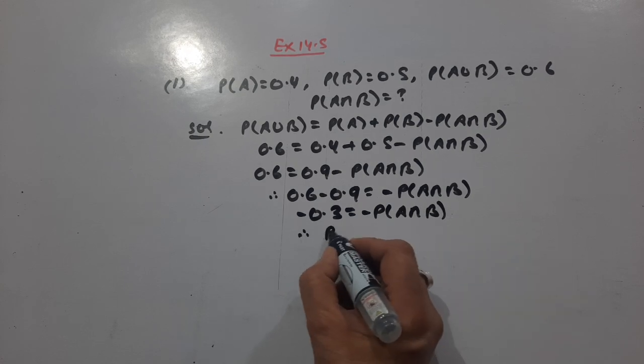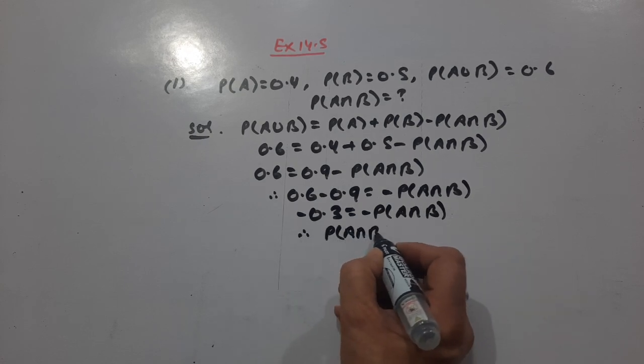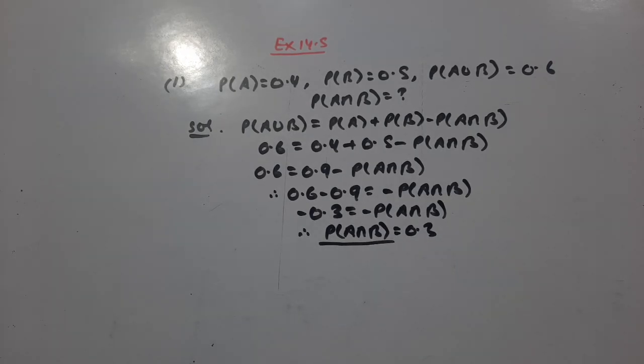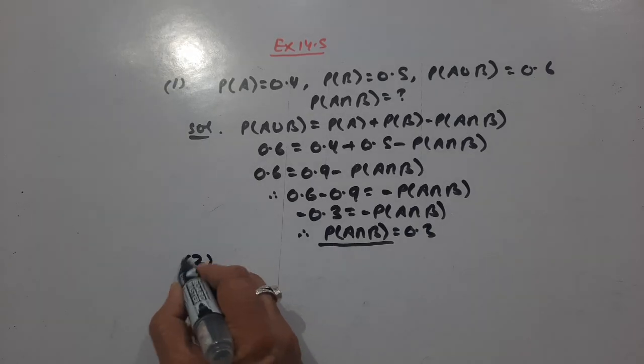So therefore P of A intersection B is equal to 0.3. So students, this is the answer of the first part. Right. Now the second question.